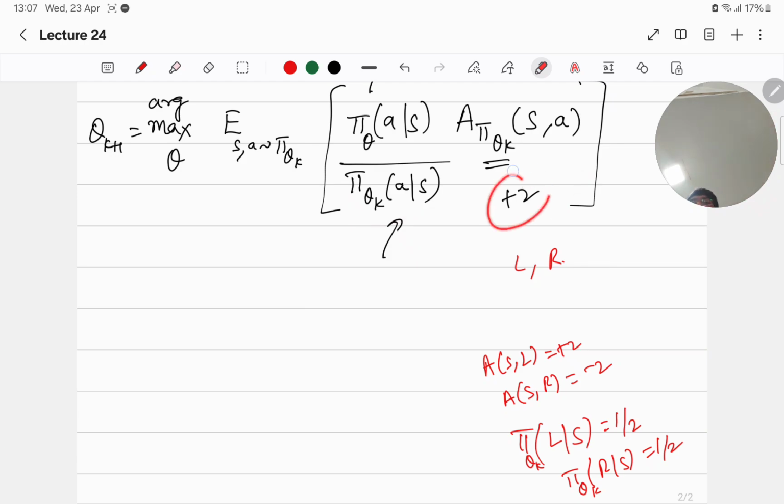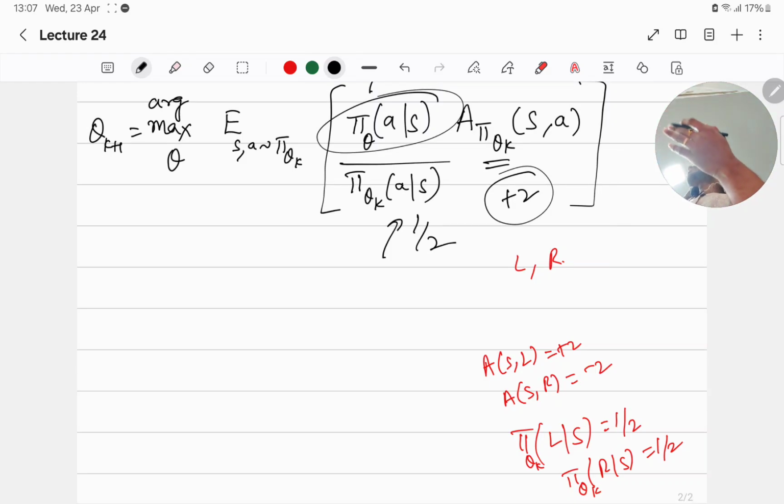So this part is +2 and this is half, which are constants. What is the running variable here? Theta is the only running variable, and this is +2, this is fixed, and this is half. Now the only thing in the objective left is pi theta of L given s.